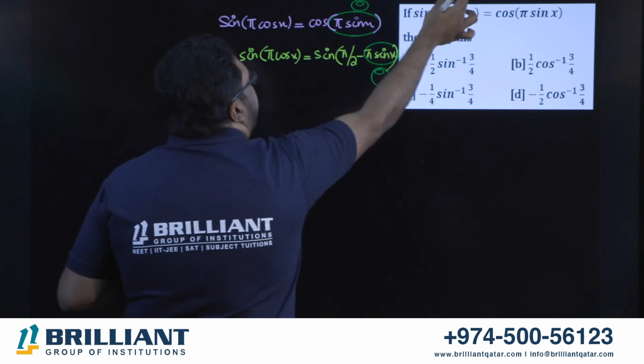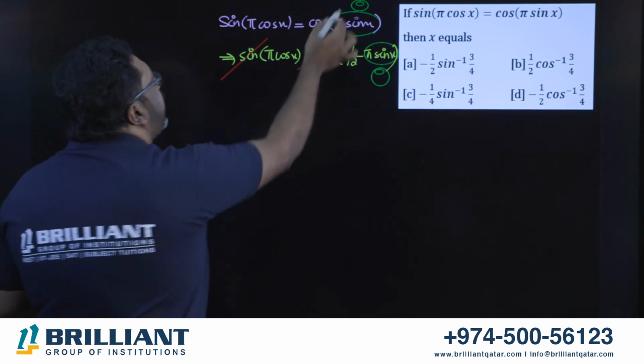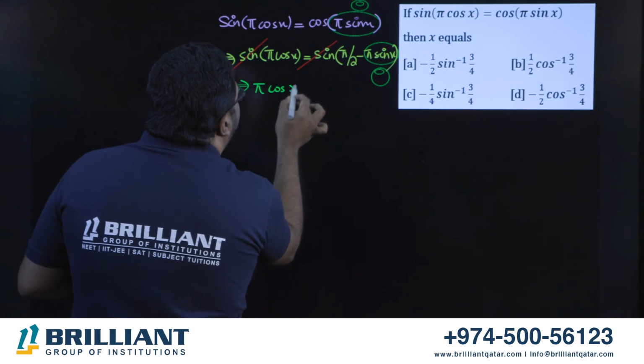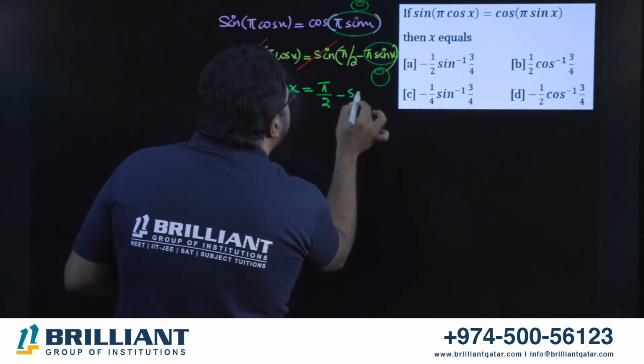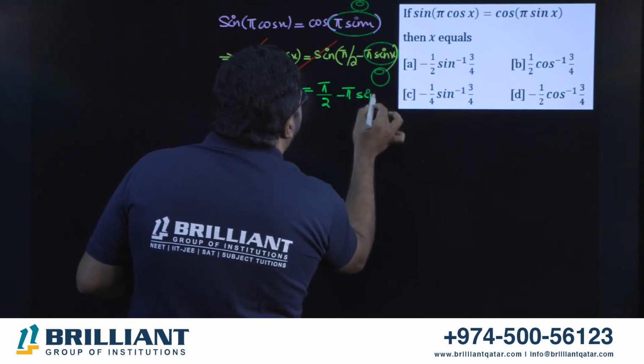So now I have sine on both sides, no problem in taking it out. What is the simplified form now? Pi cos x is equal to pi by 2 minus pi sin x.